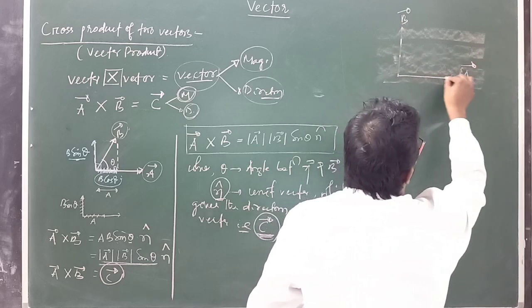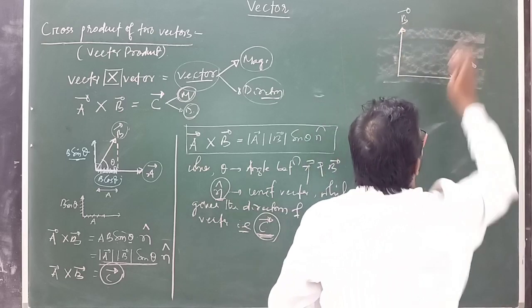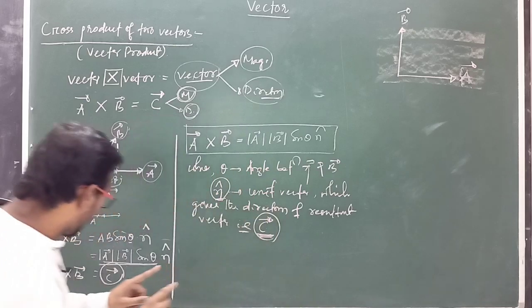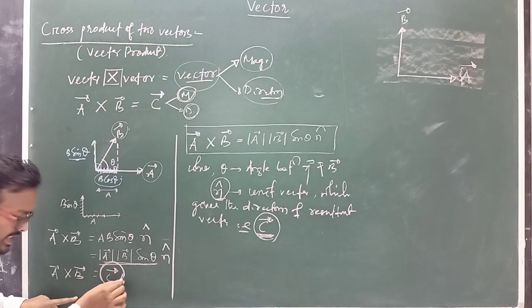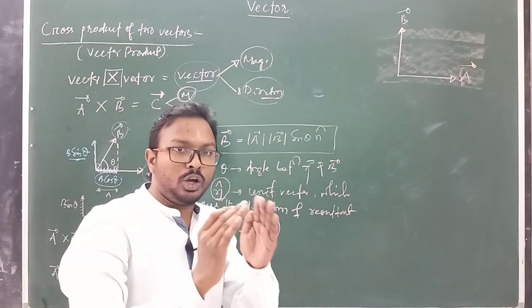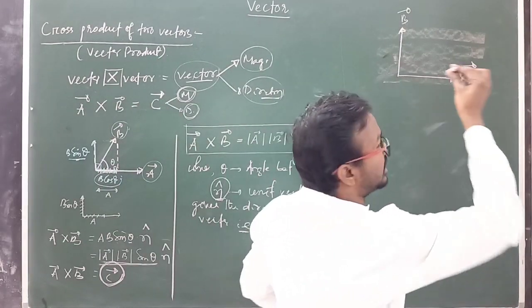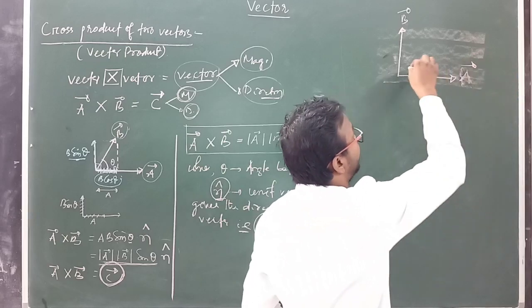So here vector A and here vector B make this plane. Then the direction of the third vector, meaning C, always is perpendicular to this plane. It may be the outward direction or it may be the inward direction.